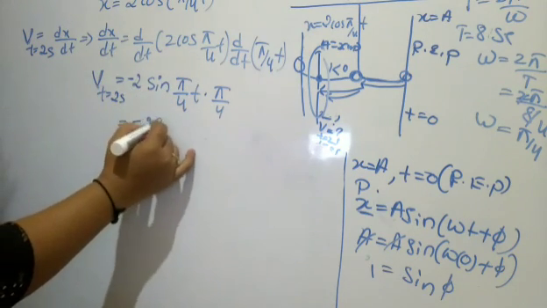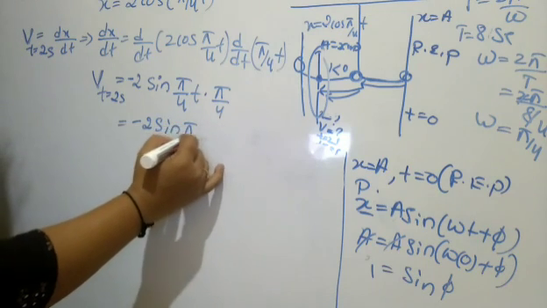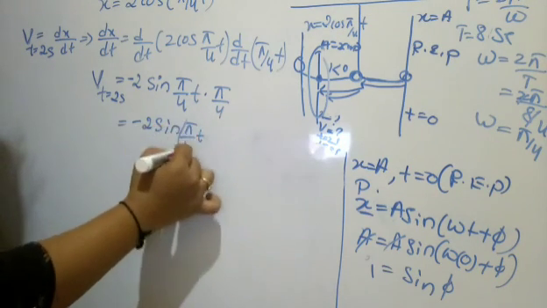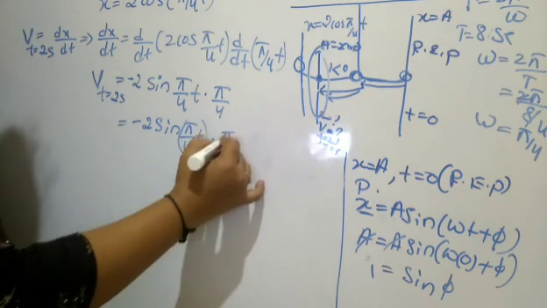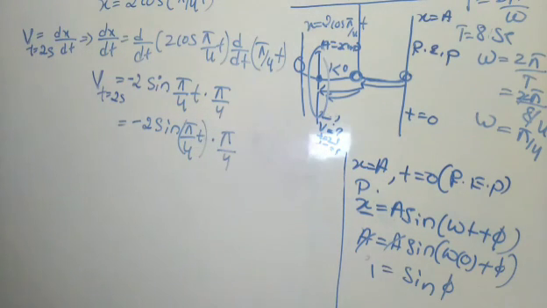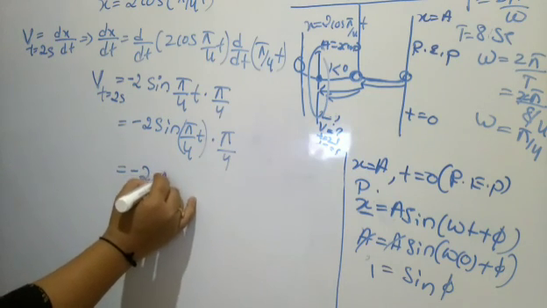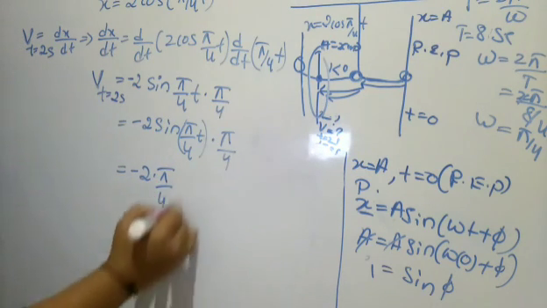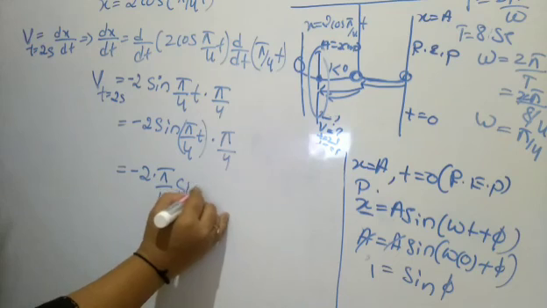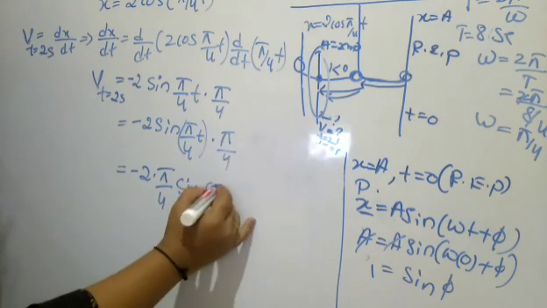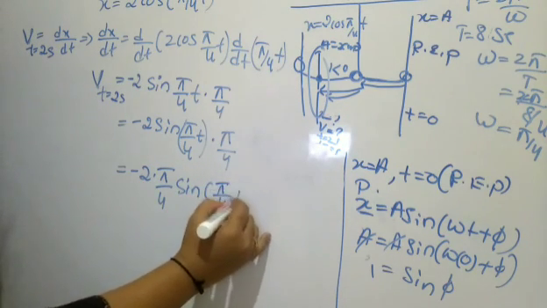So minus sine of pi by 4 into t, I will put it in the bracket, that is pi by 4 here. Now I will rearrange this one: minus 2 pi by 4 sine of pi by 4 into t.